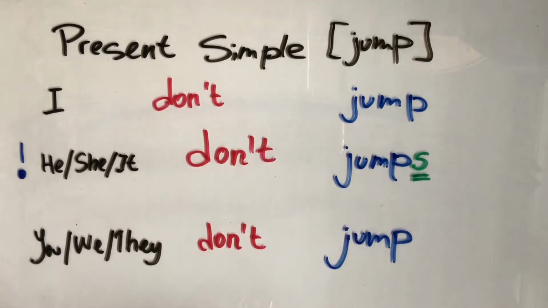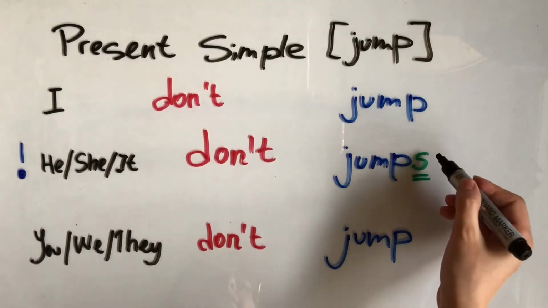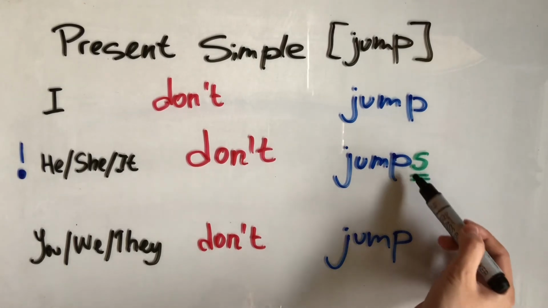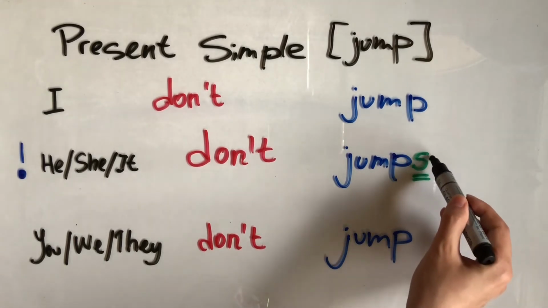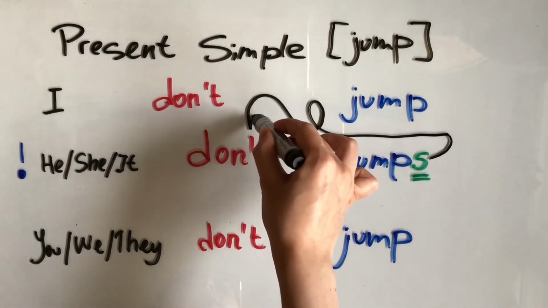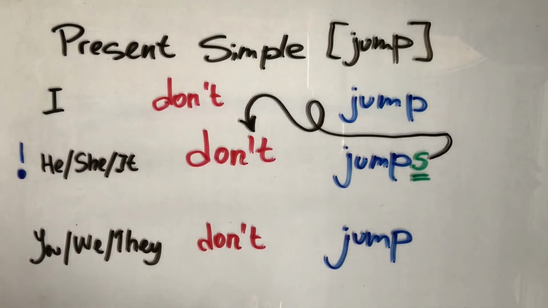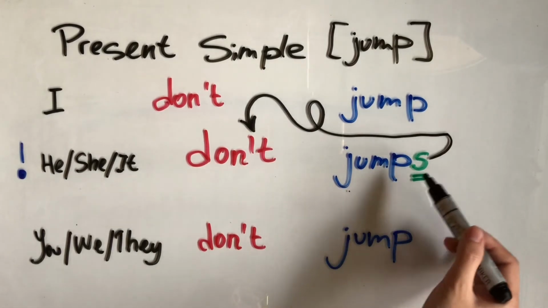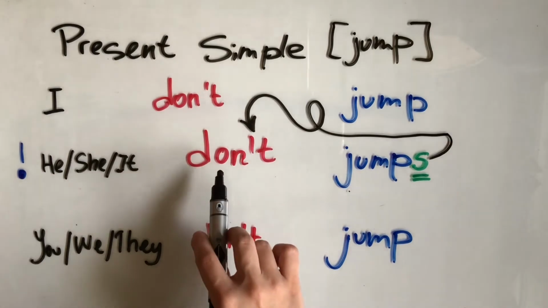Look what happens here. Because jump ends with an S, the S from the end of our verb travels to don't.